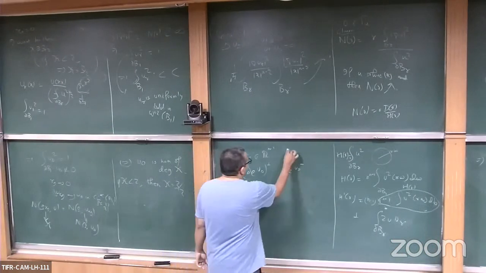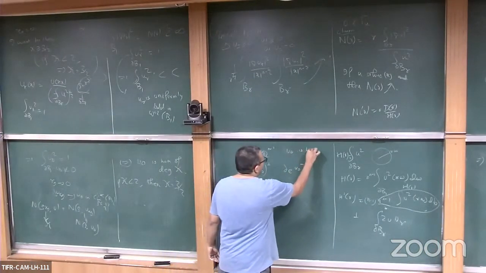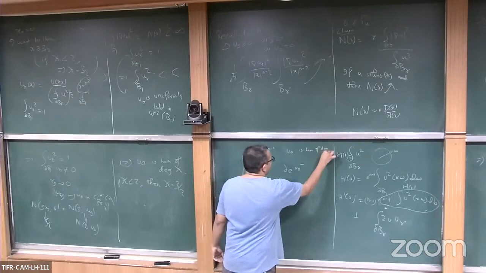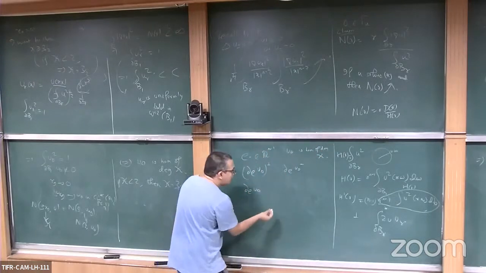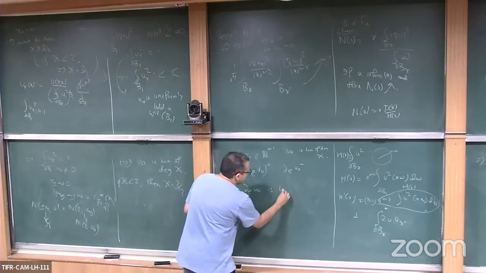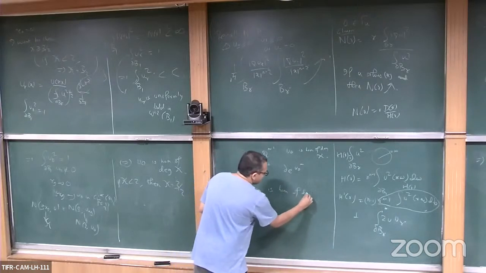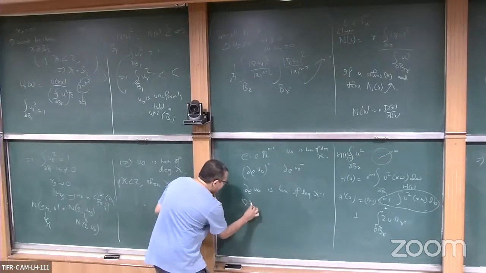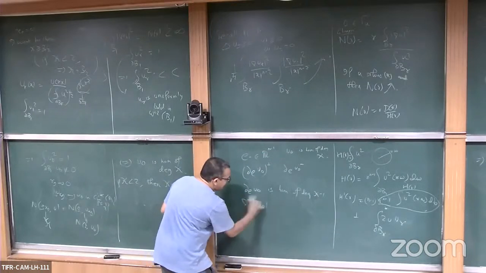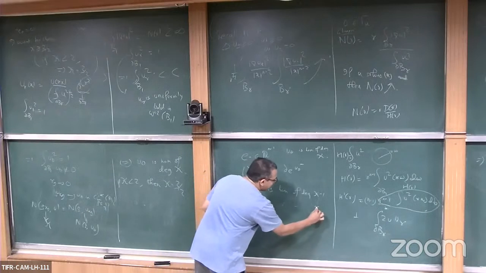So now what is u naught? U naught is homogeneous of degree kappa, okay? Then del E of u naught is homogeneous of degree what? Kappa minus 1, right? And grad of del E of u naught plus minus would be homogeneous of degree kappa minus 2.